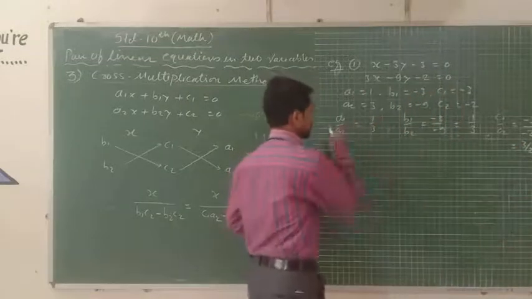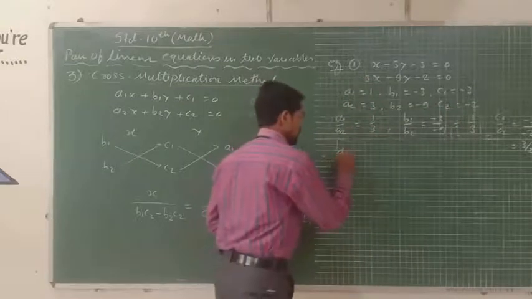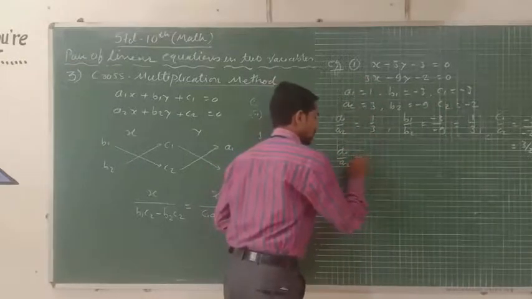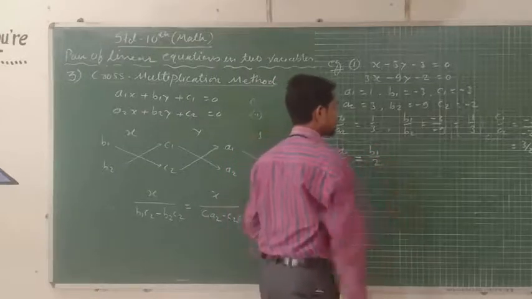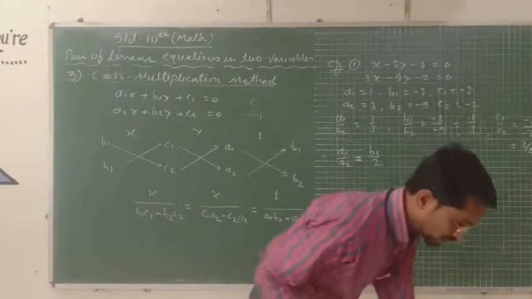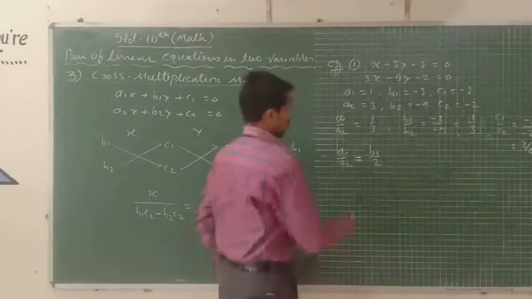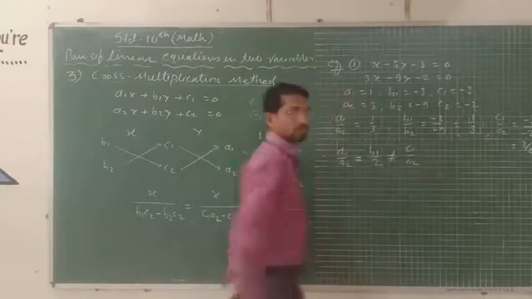See these ratios. Therefore a1 by a2 is equal to b1 by b2 and is not equal to c1 by c2.